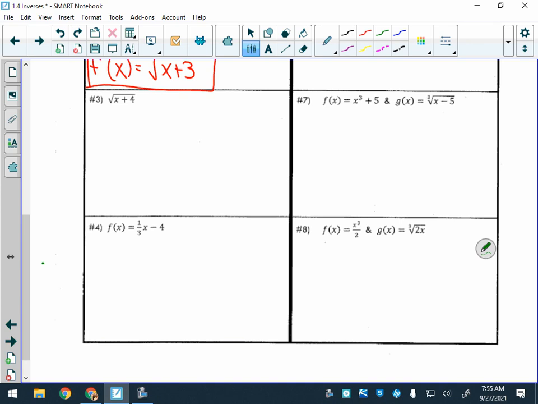It's supposed to be f of x there. Right? We're supposed to have f of x. Okay. Zach, what comes after that? Before that.